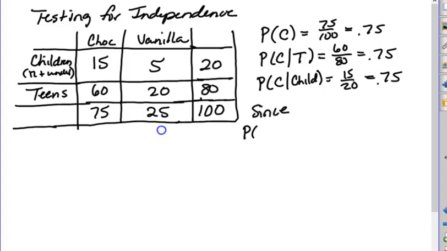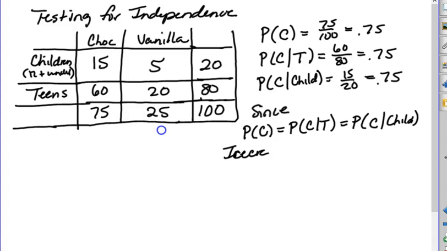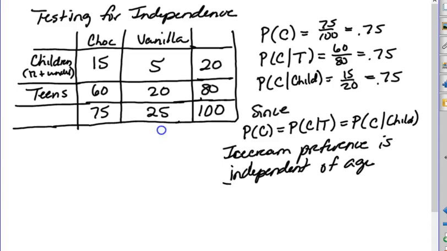Since the probability of liking chocolate is not changed when you split it by age, since all three of these are equal, ice cream preference is independent of age. It doesn't matter what age you are, 75% of everybody likes chocolate.